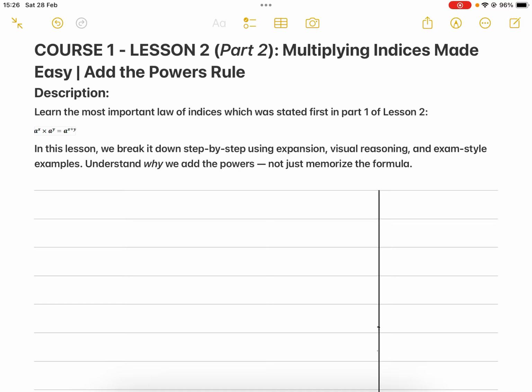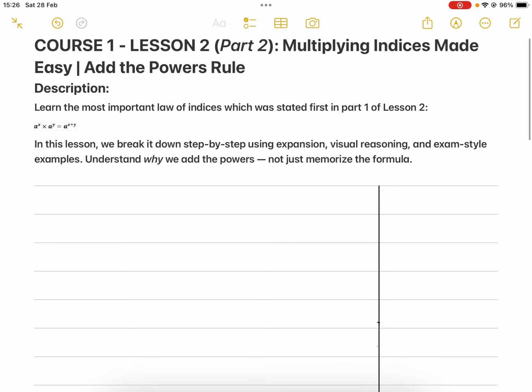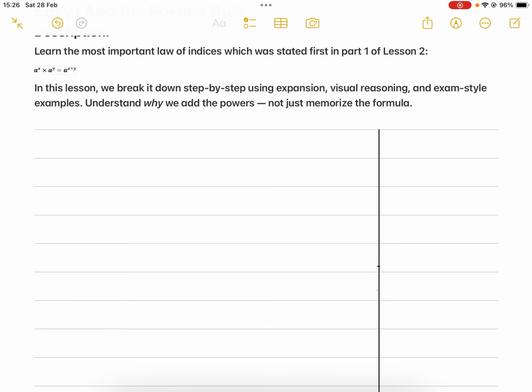If you master this one rule, most indices questions will become easy. Today, we are learning the most important exponent law. Multiplying same bases.